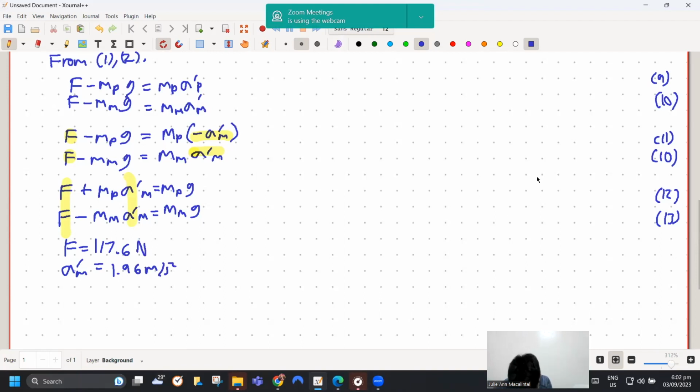Okay. And then, ilang significant figures dapat yung sagot? So, tingnan mo yung given ulit.